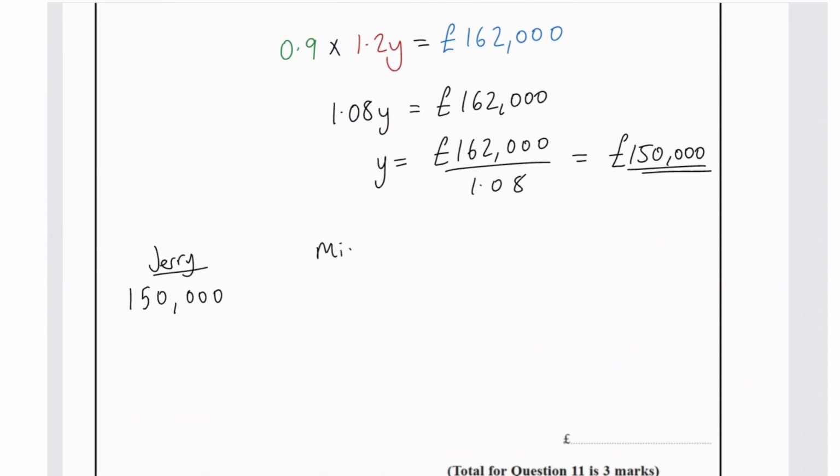He sold it to Mia for 20% more. 10% is 15,000, 20% is 30,000. So she paid 180,000 for it, and she lost 10%, so she lost 18,000, which is 162,000. So in checking that, we know that Jerry definitely paid 150,000 for this house, and we can feel confident giving that as our answer. It's nice to check like that in the exam to know that you've done it right.